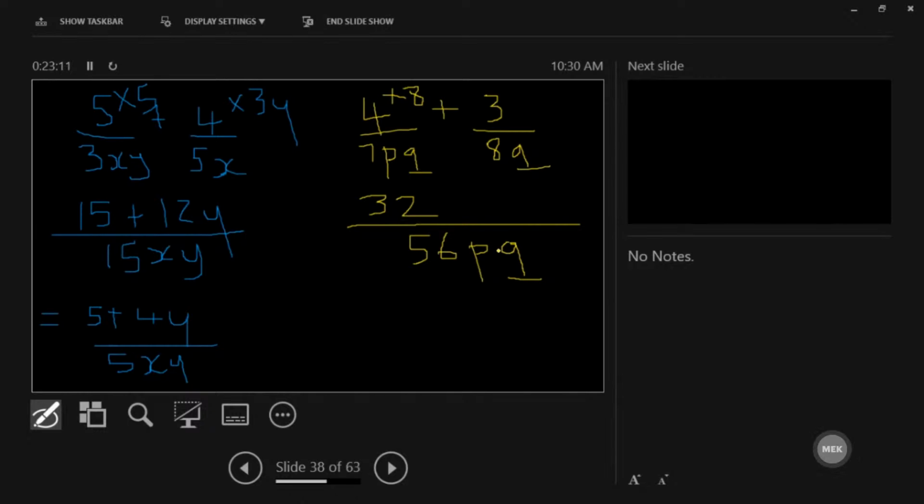The pq cancels the pq, right? 8q into 56pq, so the q cancels the q, and 8 into 56 goes 7 times, so we're left with a p, so it's 7p, and 3 times 7p, that's 21p. All right, so that is our answer for this one.